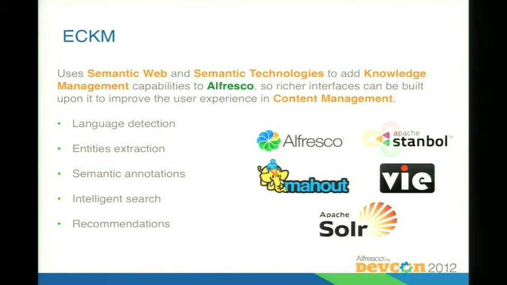Entities extraction. So we can extract people, places, and organizations within the documents, because only a small part of the information that we store in Alfresco for a document is structured.